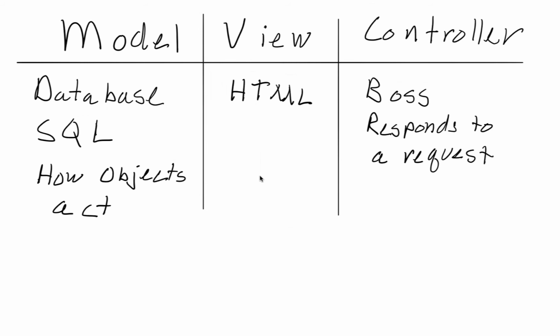It also might send back some JSON if we want a computer readable format, or XML. But the controller is basically the man in charge. When a request comes in, it goes to the controller. The controller decides how he's going to interact with the model, and tell the model to update or collect data from the model, and then he's going to decide which view to send back to the user.